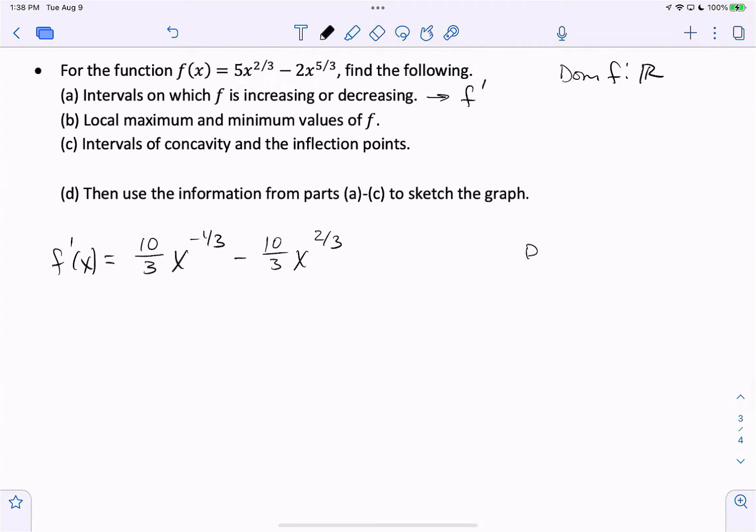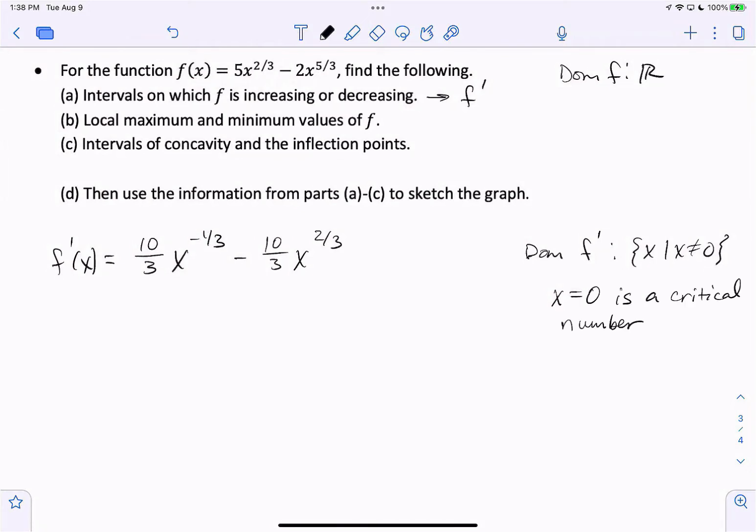Here we see that the domain of f prime is the set of x such that x does not equal 0, because this negative exponent indicates we have a variable in the denominator. Therefore, x is equal to 0 is a critical number. We'll just set that aside for now.